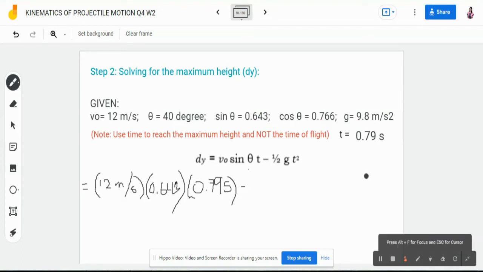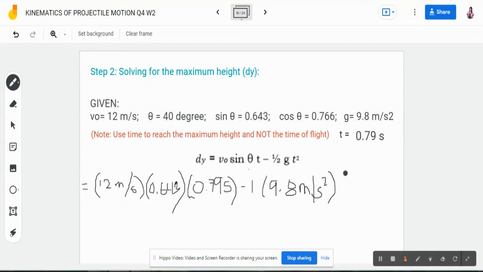And then minus natin siya dito sa pangalawa. So once again, 1 times 9.8 meters per second squared. Ito yung ating acceleration due to gravity. And then yung ating time na 0.79 seconds. So don't forget na ito ay squared. Okay, so divided by 2, kasi 1 half siya.